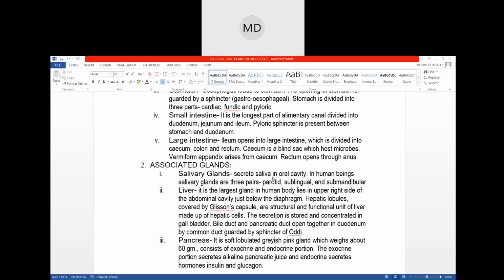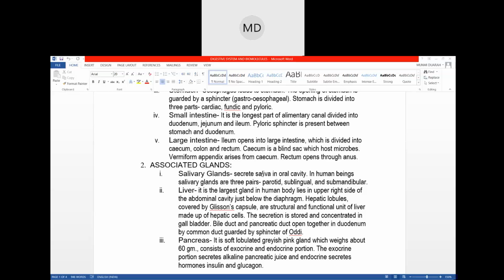The salivary gland releases saliva through the salivary duct, and this salivary gland is a type of exocrine gland. Since it has a duct, an exocrine gland will have a duct, and an endocrine gland will not have a duct. Saliva plays a very important role in digestion. Saliva has enzymes called salivary amylase.